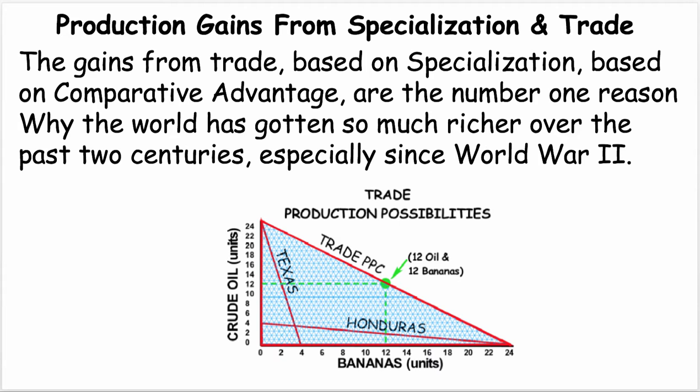After all, the example we saw was just for 2 countries, for 2 different products, oil and bananas. Imagine this multiplied by hundreds of different countries, millions of different companies or products, and billions of different people. And you can see that the gains worldwide would be incredible.